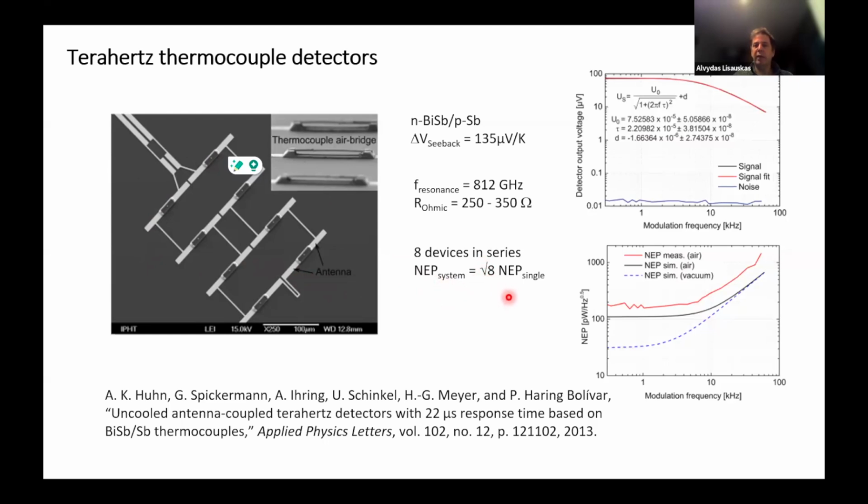For a single device, this phenomenon gives something like 100 picowatt per square root hertz NEP, and now the square root of 8, so the system NEP is a few times worse. But in general, it is also pretty decent performance at that frequency range.